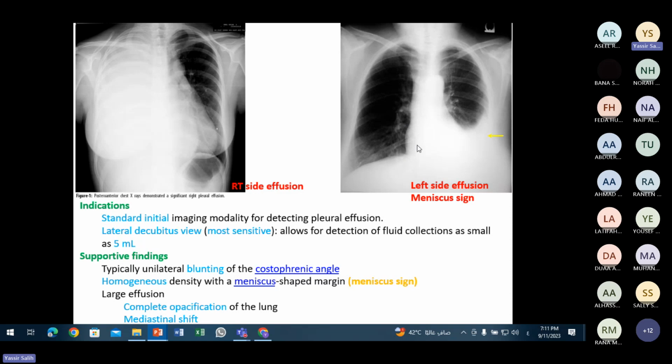There is no other border here. There is no other shadow behind the heart. There is one border for this heart. Look at this area: there is no other border or shadow for any other structure.